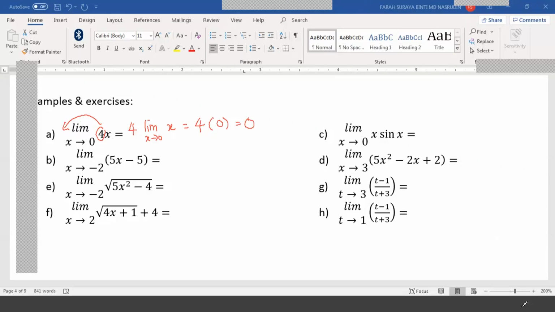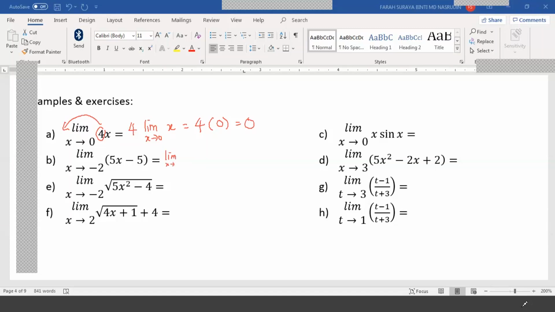Okay, question B. Okay, limit involving two functions. The first function is 5x and then minus with the second function 5. So kita boleh splitkan limit dia tu.